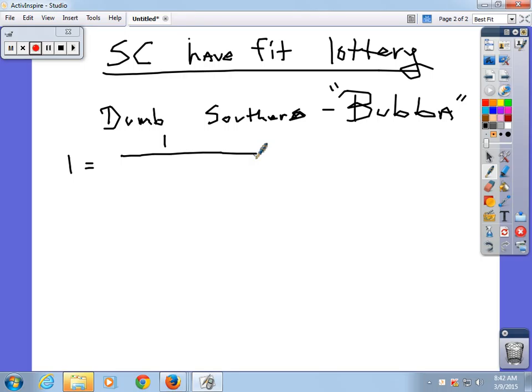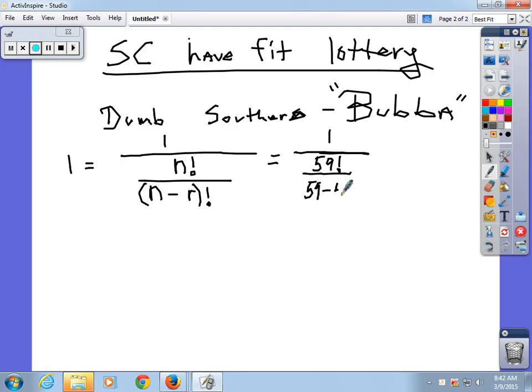We got to do the whole thing down here. What is it? n factorial over n minus r factorial, times r factorial. So, Bubba's buying that one ticket, and we're going to find out the odds right now. n is 59. So 59 factorial over 59 minus 5 factorial.